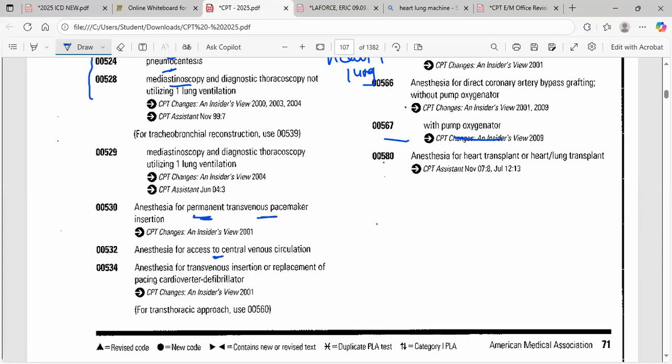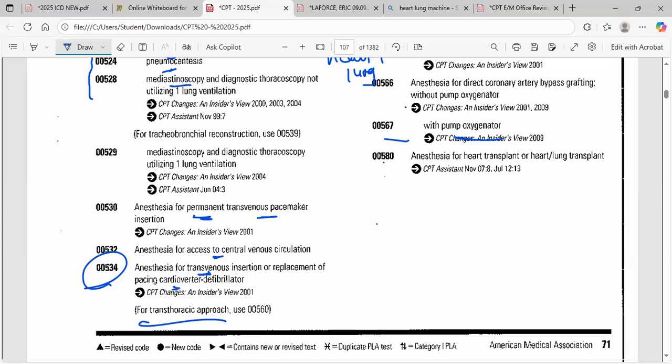You have to just remember one thing. You always need to follow these parenthetical notes. Parenthetical notes are very important to identify the correct codes and to verify the complete coding guideline. So you can see here 00534 is for the transvenous, that means through vein.